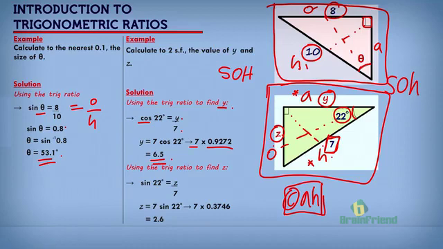So we say sine 22 degrees is opposite all over hypotenuse. Our opposite is z, which is the unknown. Hypotenuse is 7. If we cross multiply also, we have 7 sine 22 degrees. And that gives us 7 times 0.3746 to give us as an answer 2.6.